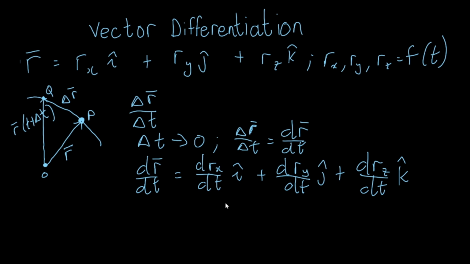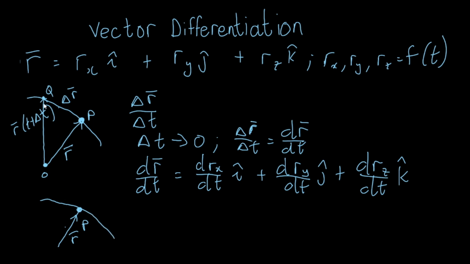If we want to understand what this means geometrically, we can think of this time slowly approaching 0, and there's one important fact that comes out of this. At our certain point P, we have our position vector, that's r, and we still have our curve, right?